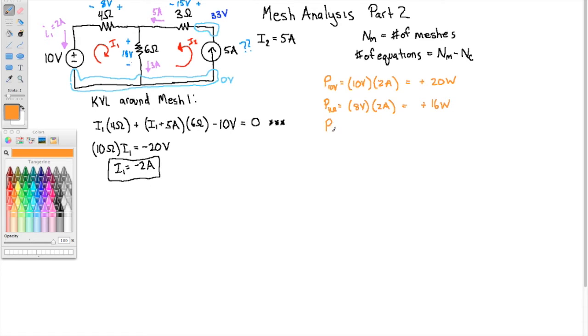The power in the 6 ohm resistor, we've already said that there are 18 volts across it and 3 amps through it. So that is what, 54 watts. And again, a resistor is always absorbing power. Okay, the 3 ohm resistor, 15 volts across it, 5 amps through it. That would be 75 watts of power that it's absorbing.